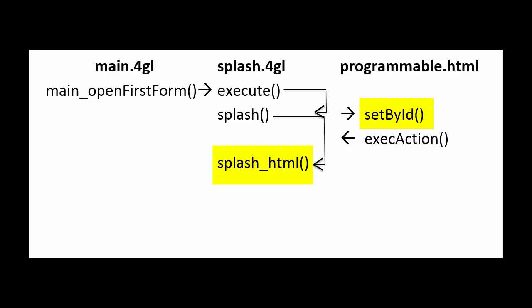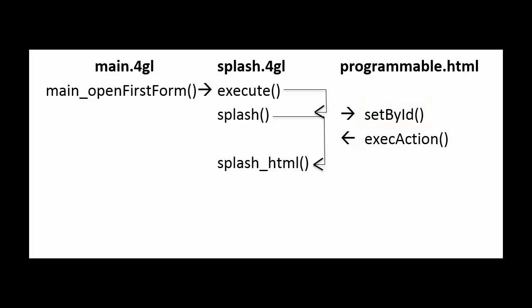The HTML contains an on-click method to raise the splash action when the user taps within the web component. The interface script setById function uses the HTML passed in from Splash to replace the empty web component form field with the Pool Doctor's splash screen image.